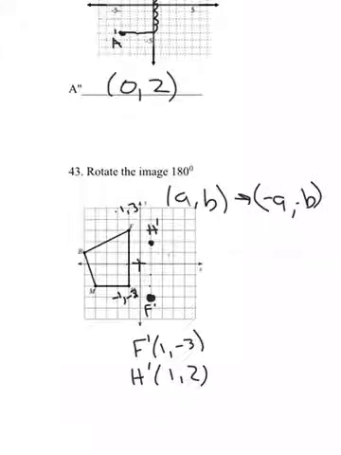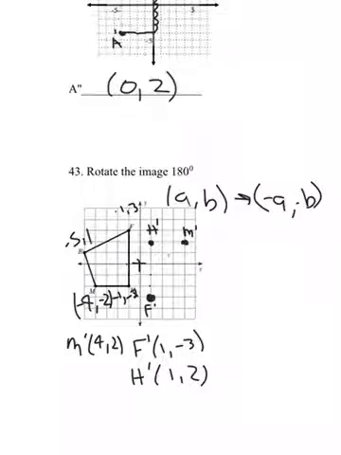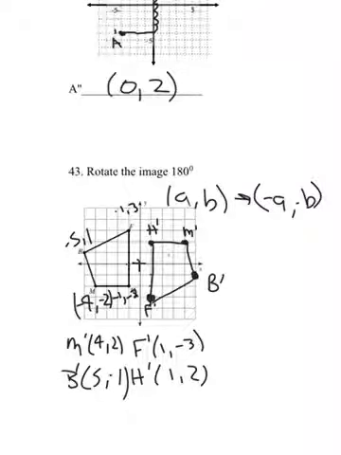M is at negative 1, 2, 3, 4, 2, negative 2. So M prime is at 4, 2, 2. And B is at negative 5, 1. So B prime is at 5, negative 1. And there is your 180 degree rotated shape. Ta-da.